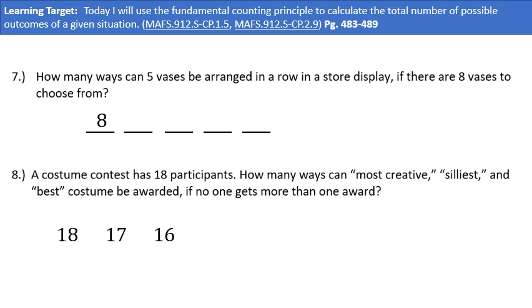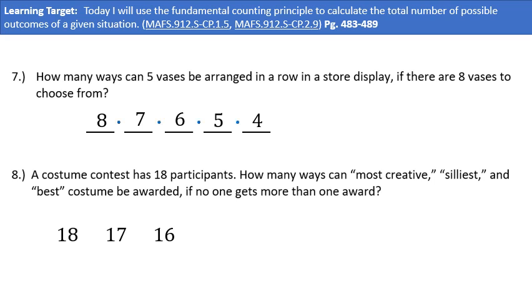It can't be in both at the same time, which means that I only have 7 options of vases to put in that second position. Okay, now I've put 2 vases down. I have 3 open spaces, but how many vases do I have left to choose from? Now I only have 6. Once I choose that third vase, how many options are left? 5, and then 4.